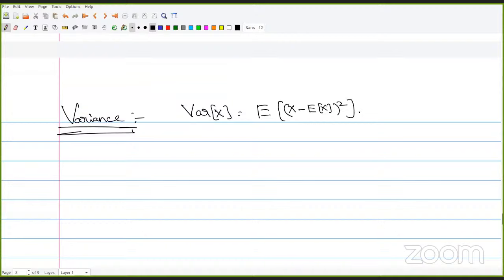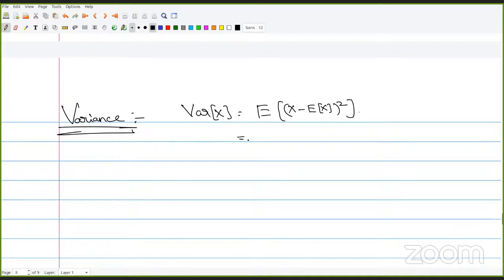Why we make it whole square is we are seeing only the difference, like positive difference, error. Even if it is on the left side or the right side, it doesn't matter. We need how far the values are placed around the mean. So that is why we take the square.